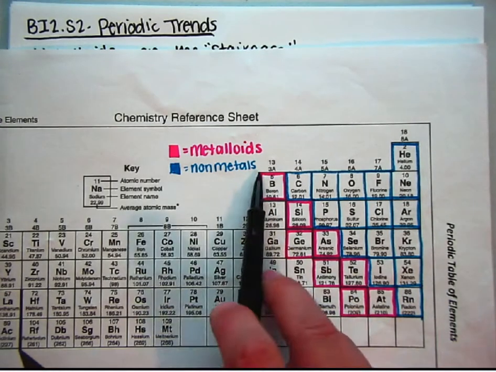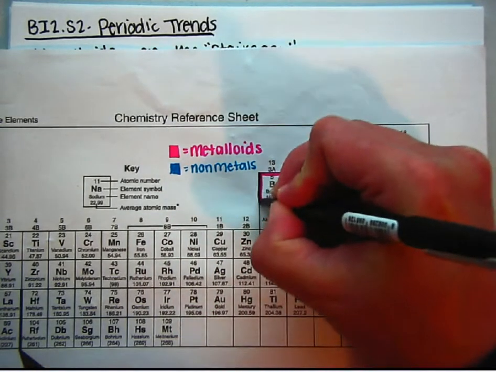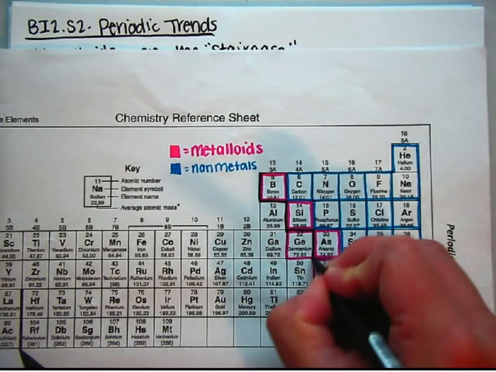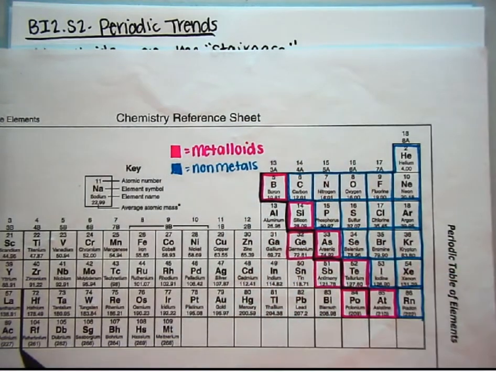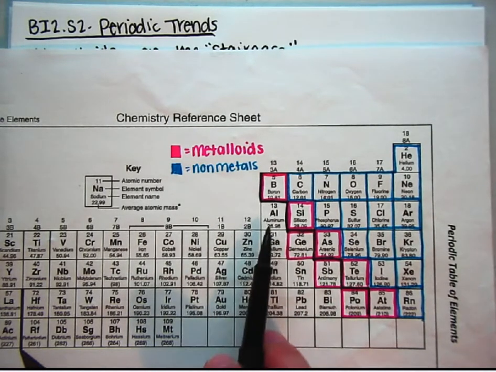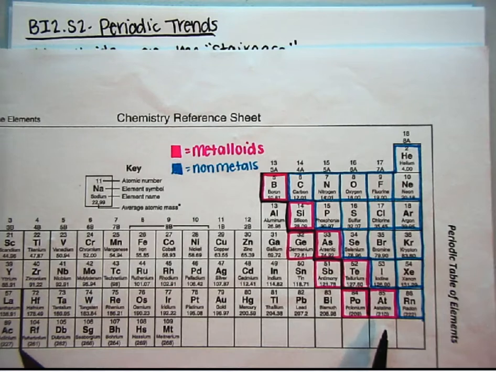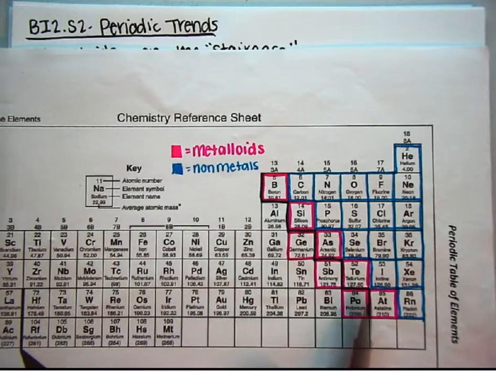So if you notice, there is like a dark black line that goes down your periodic table. That kind of looks like a staircase. So every element, except aluminum, every element that touches the staircase is considered a metalloid, except aluminum. So elements on the staircase are the metalloids.